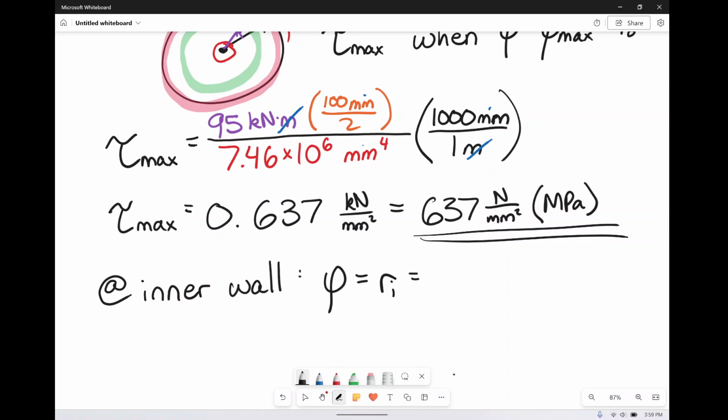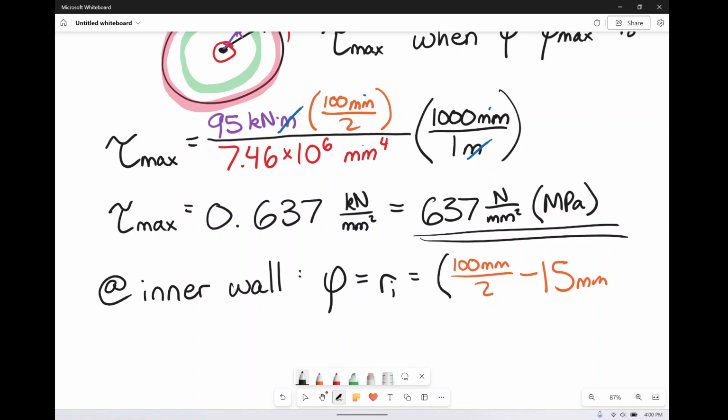Again, we didn't have the inside radius given to us, but it is going to be the outside radius, which was 100 millimeters divided by 2, right? That's the outside radius, but then minus the 15 millimeter thickness.